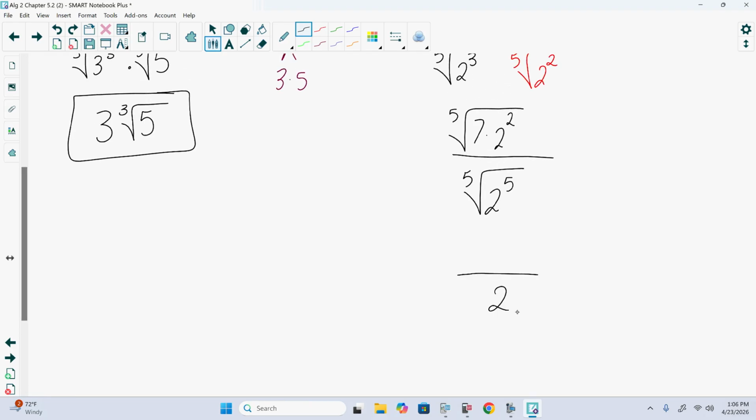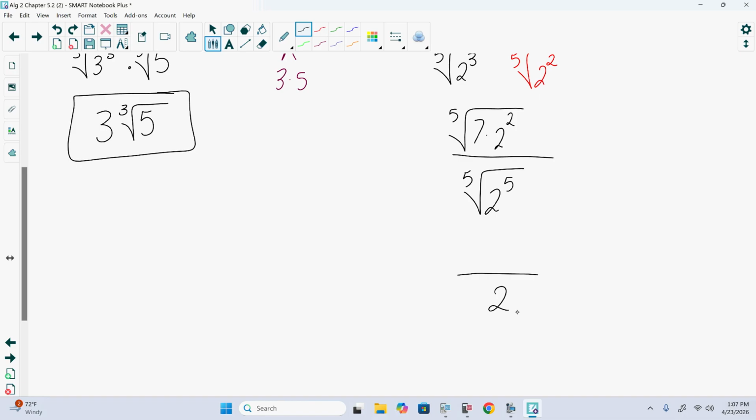The 5th root of 2 to the 5th will indeed be 2. Do 7 and 2 squared share any common factors? Shouldn't. 7's prime, yes? And the reason I'm mentioning that is if anything would reduce on top, if we could take the 5th root of it, because if we can, we have to.